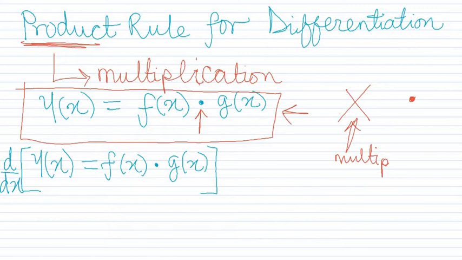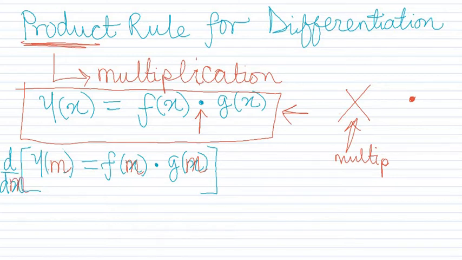So imagine if this variable was, sorry, let's not use f, let's use a different variable. Let's say this variable was m, and you have y of m, f of m, g of m. We're going to be differentiating this function with respect to m.